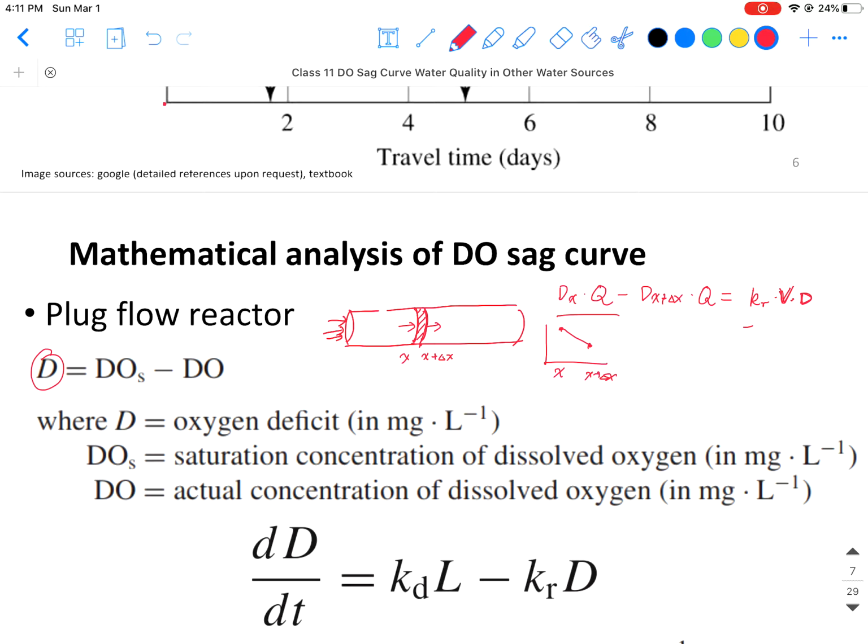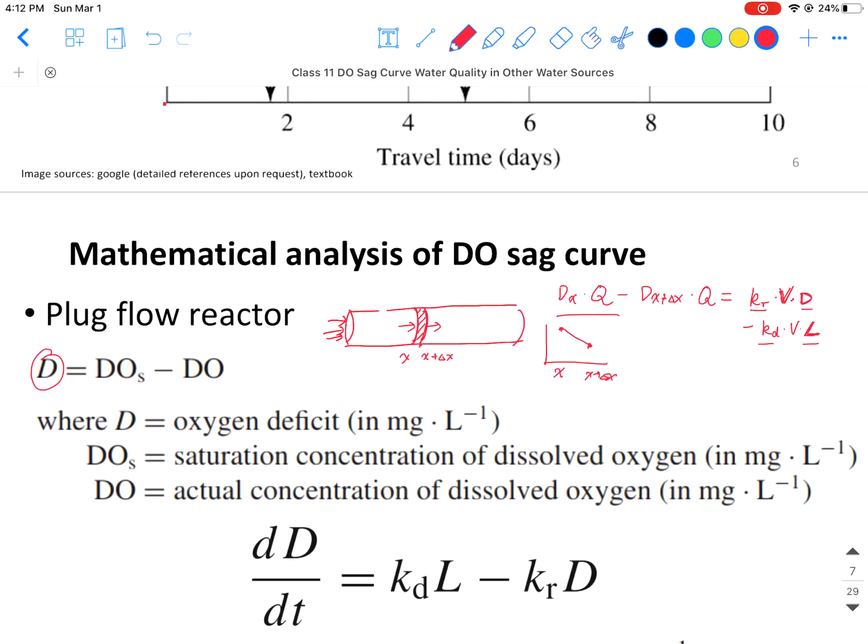And also we need to consider the deoxygenation, which is Kd multiplied by V multiplied by L. Okay, so we have introduced that the rate of the deoxygenation is proportional to the concentration of organics, while the rate of the reaeration is proportional to the concentration of the oxygen deficit, right?